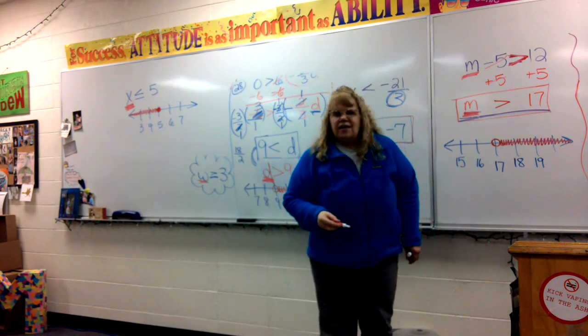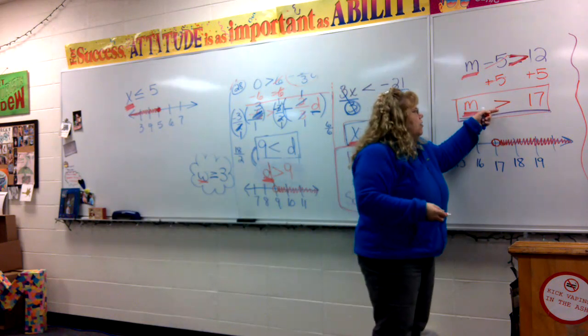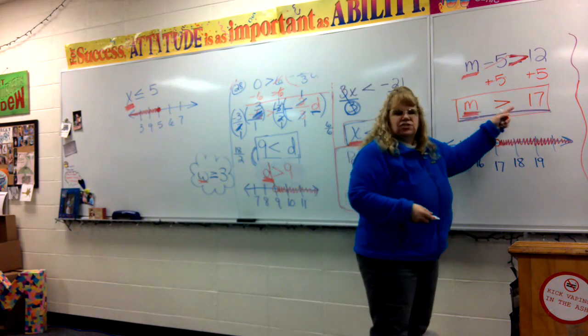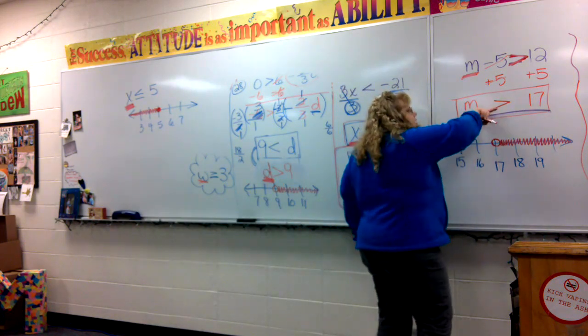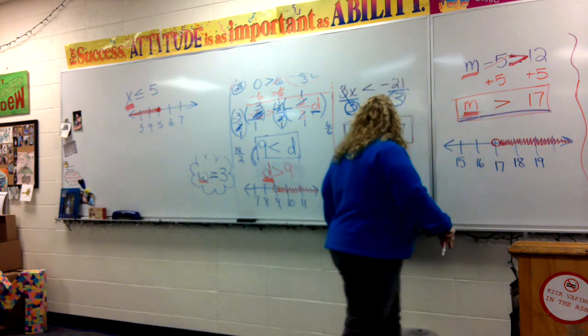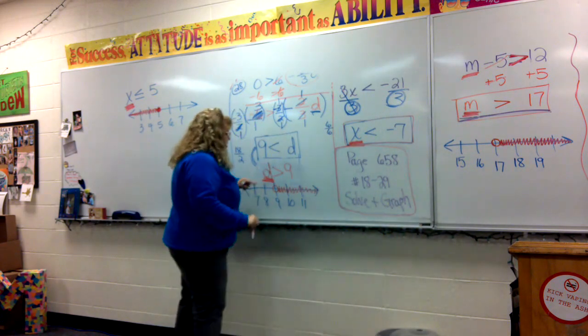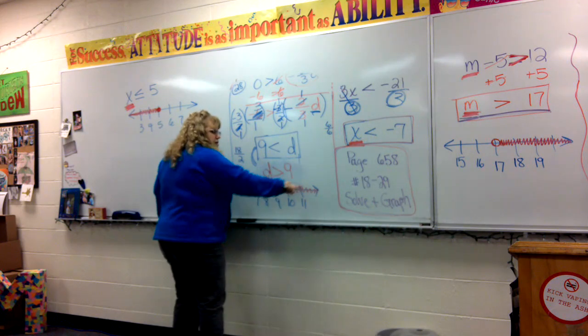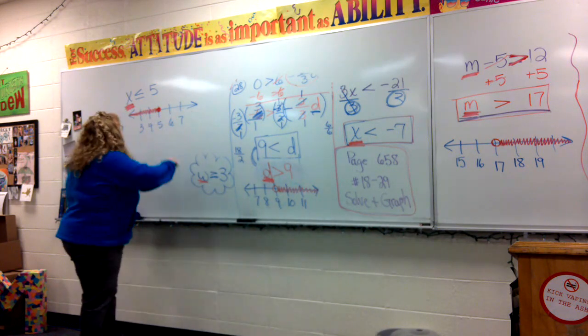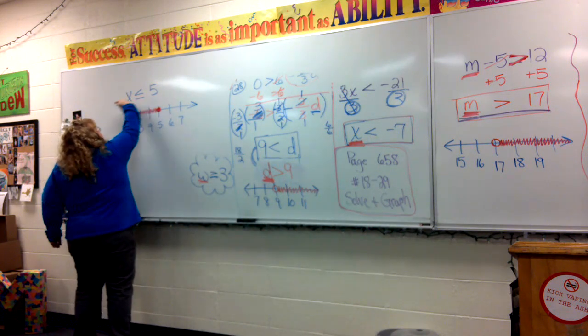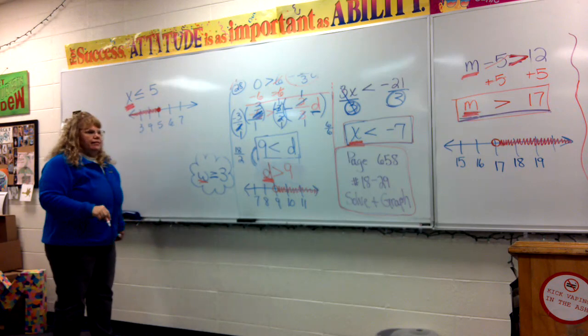If your letter is on the left, the inequality points to the direction you should color. Look at that. It points that way. Go down here. See, it's on the left. It points in the direction I need to color. See this one? It's on the left. It points in the direction I need to color.